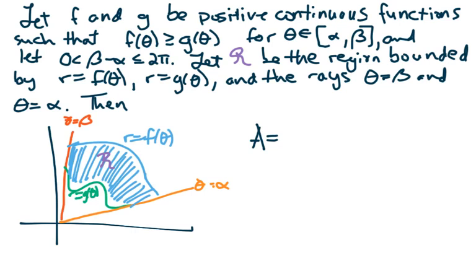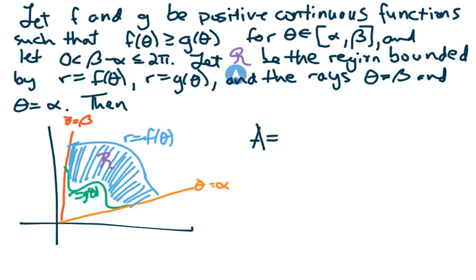If I have two positive continuous functions, f and g, where f is farther away from the pole than g, at least on this interval, as theta goes between alpha and beta, where beta and alpha, just like before, have a positive difference, and their difference is less than one full revolution.